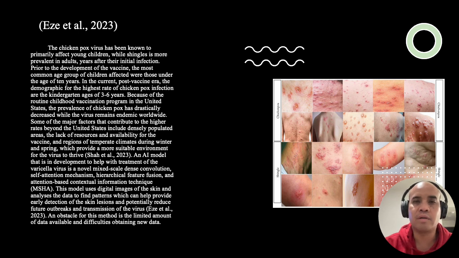Some of the risk factors of these areas include heavily populated areas where the virus is able to spread quickly, areas with temperate climates where the virus is able to survive longer, and also areas that lack medical resources, personnel, medication, and obviously the vaccine.